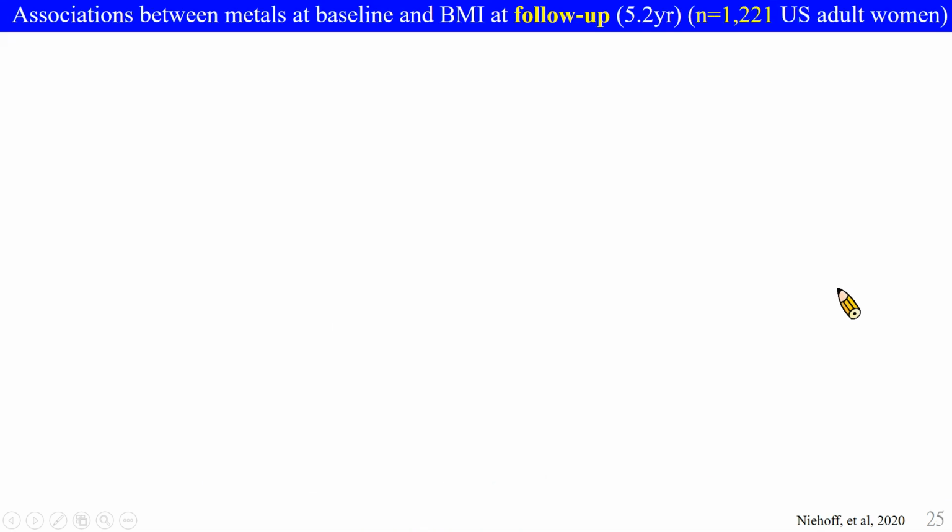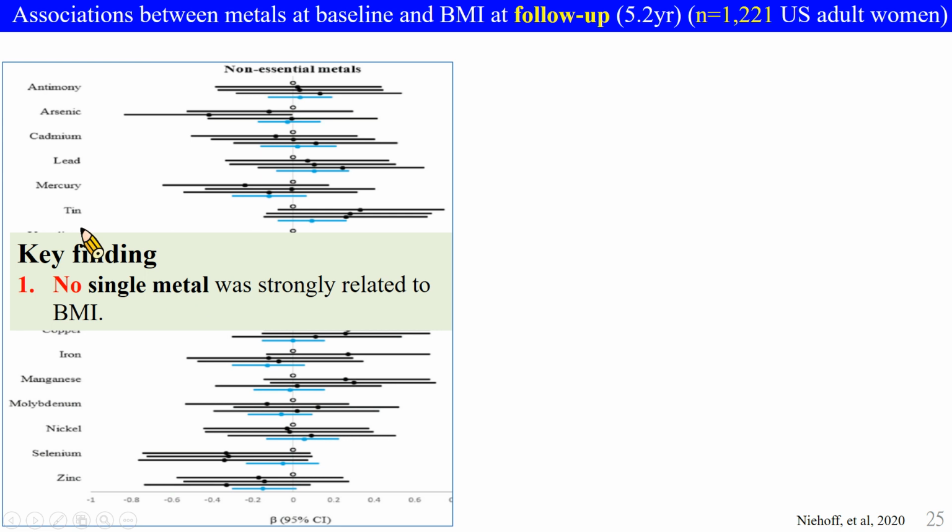For example, there's a recent follow-up study involving 1,221 U.S. adult women. The authors looked at the association between metal exposure and body mass index within 5.2 years of follow-up. The key finding from this follow-up study is that the authors found there was no single metal strongly correlated to body mass index.